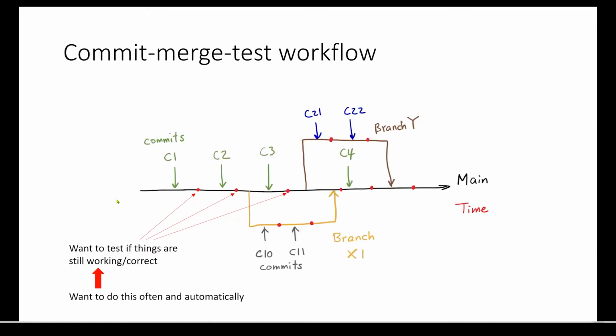So if you consider this in terms of version control, we call this the commit, merge, test workflow. And again, think of this loosely in terms of you writing a paper, for example. The horizontal axis here is the main branch or the main document you are writing, and it also represents time, right?